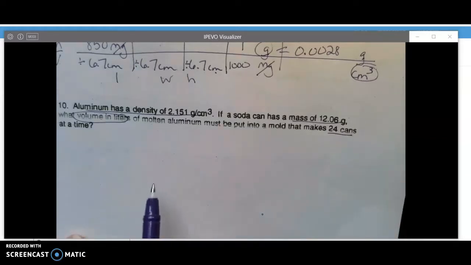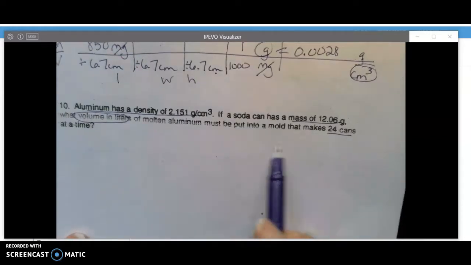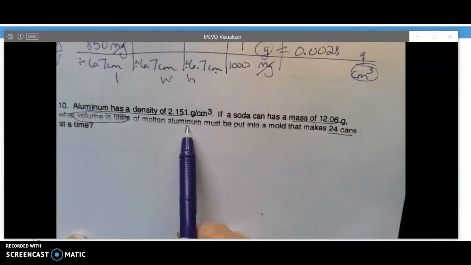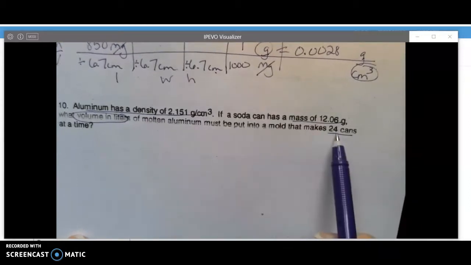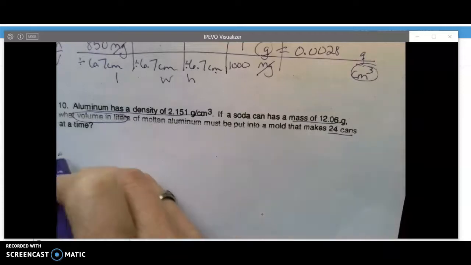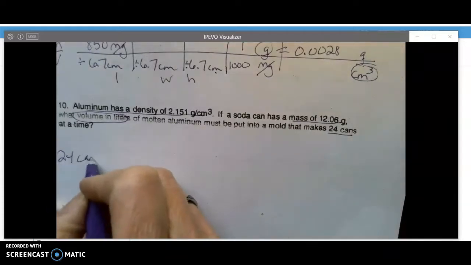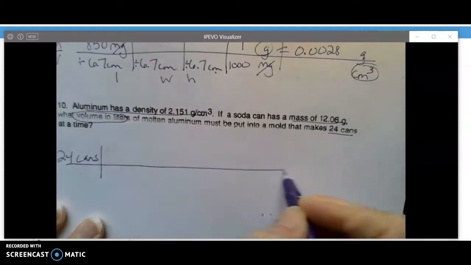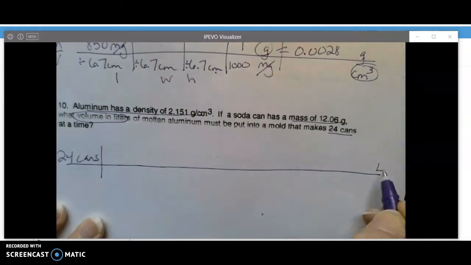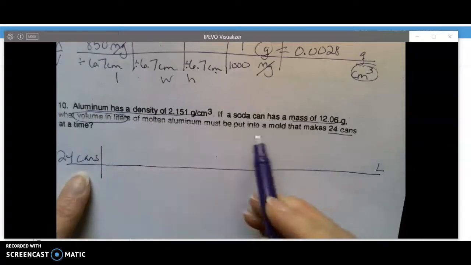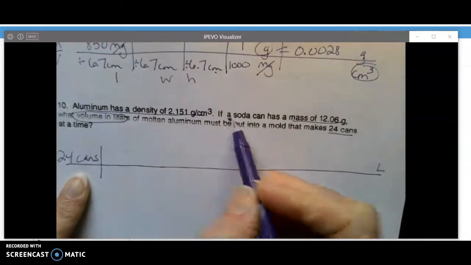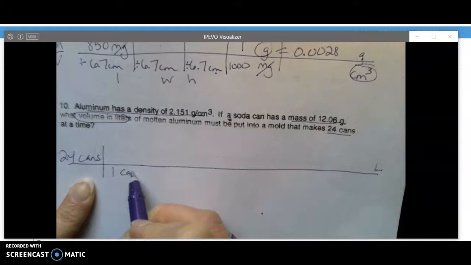So we have all of these numbers. So ultimately what determines how much aluminum we're going to need is how big the mold is. And the mold makes 24 cans. So I'm starting with 24 cans. And I want to end up with liters. So what I know about a can is a can is the same as 1 can.